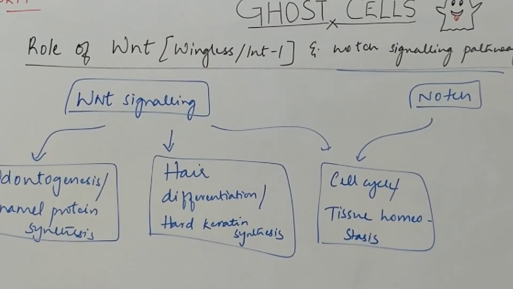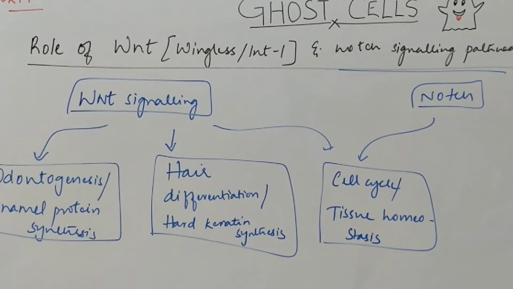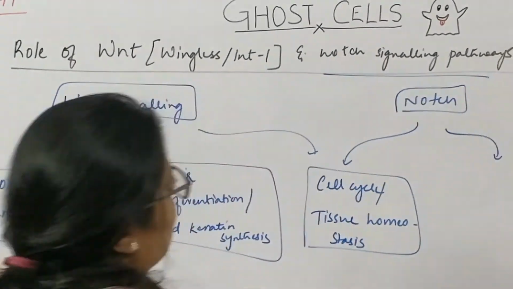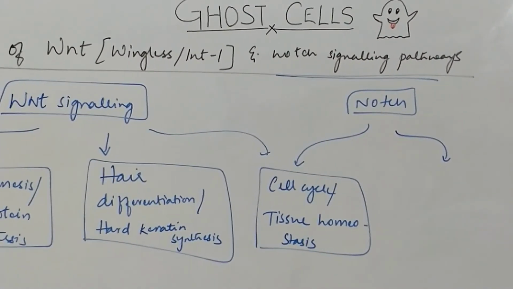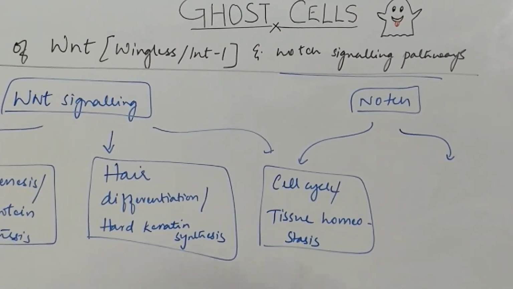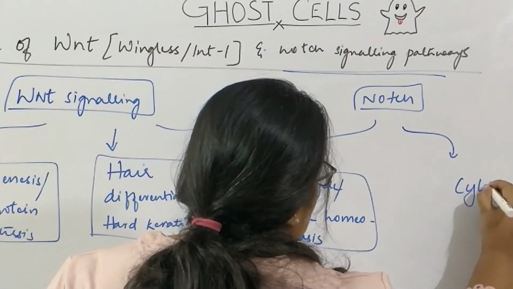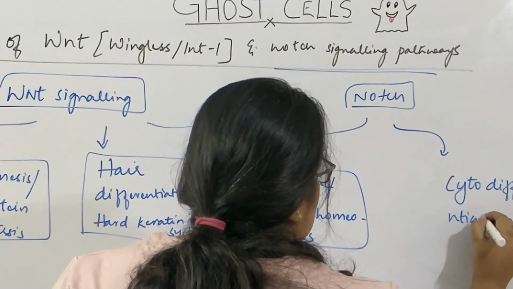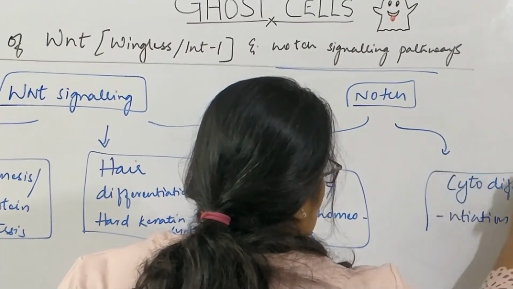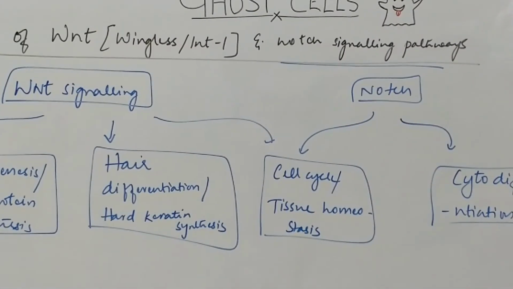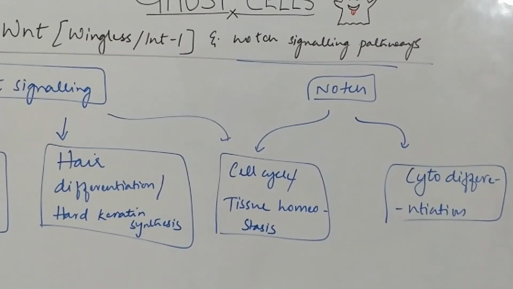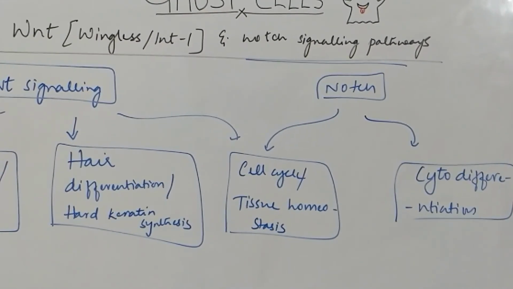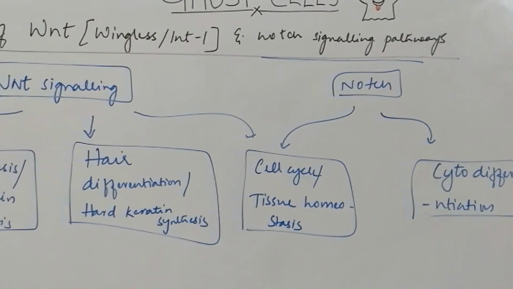Apart from this, there is one more important process in which the Notch pathway is involved, that is cytodifferentiation. It basically determines the fate of the cell during cytodifferentiation. Differentiation, we know, is when a cell stops multiplying and gains a functional ability to carry out and execute a particular function. So that is cytodifferentiation.